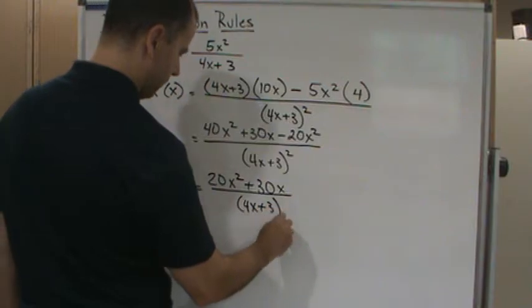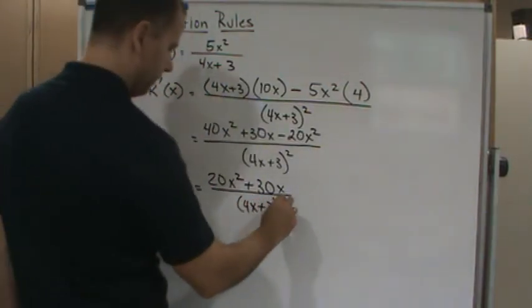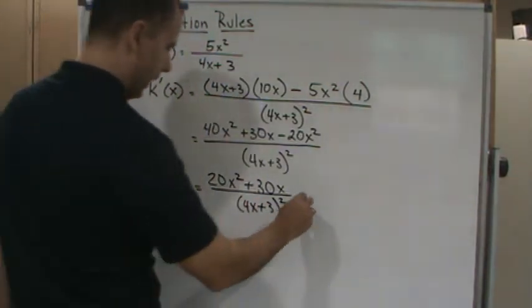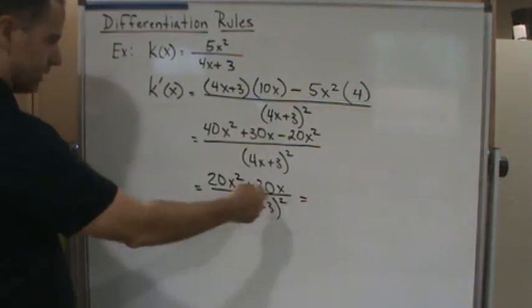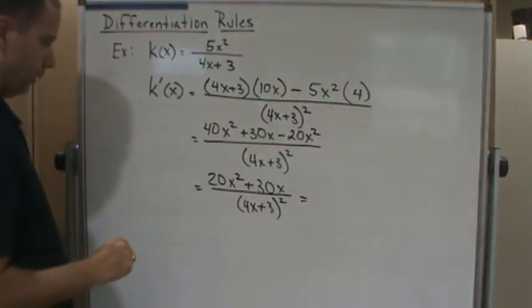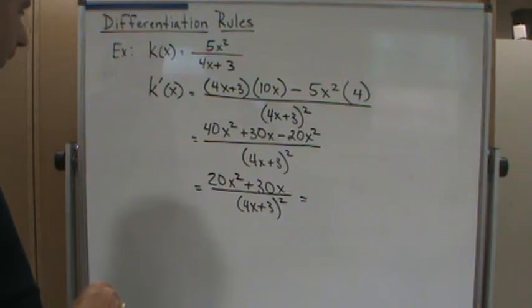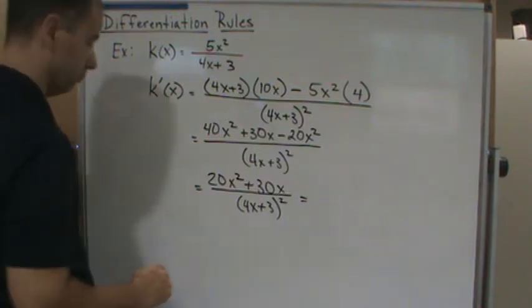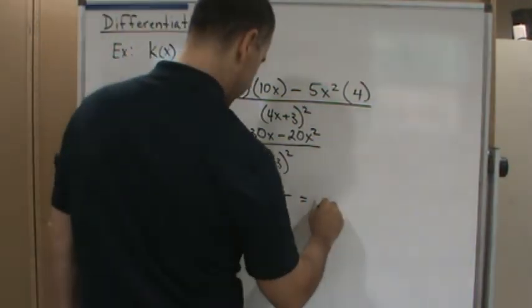And now what happens here, let's see, we've got a greatest common factor in the top. We can factor out a 10x. Okay, so let's see what we get here.